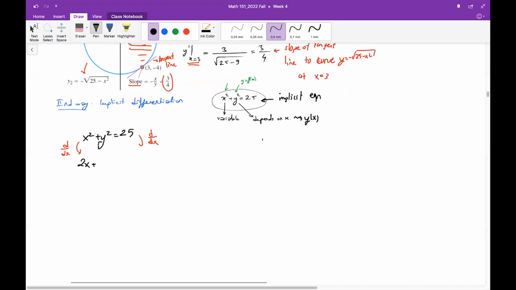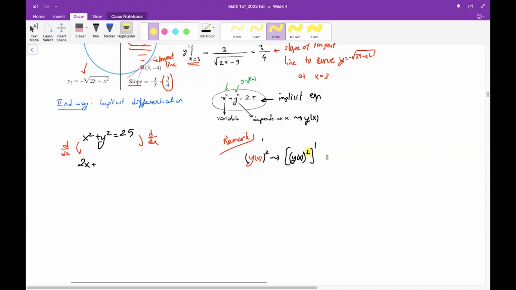Now, for this term here, how should we differentiate? Okay, let's put a remark here. Y is a function of x. Be careful. And here, what we have is its square. And now we want to take the derivative of this expression with respect to x. We have a square and we want to differentiate it with respect to x.